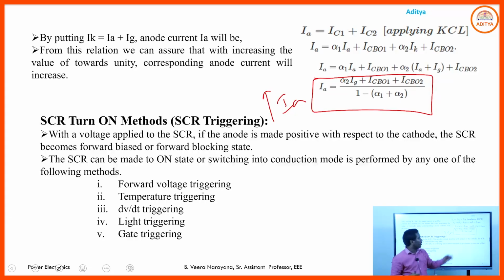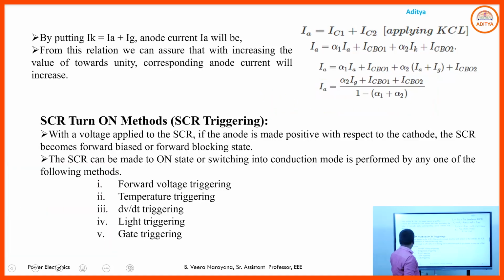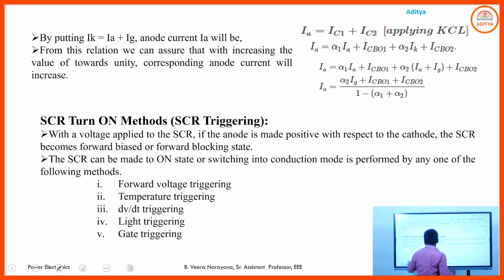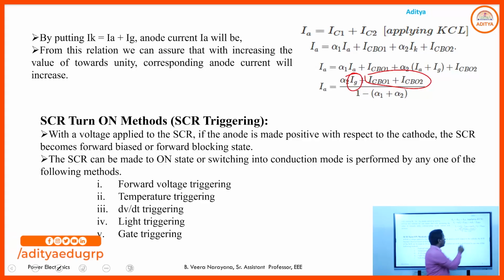So if you want to bring the SCR from forward blocking state to forward conducting state, we have different methods. By using this two transistor analogy, we finally conclude that the anode current simply depends on either the gate current, the leakage currents, or the current gains.